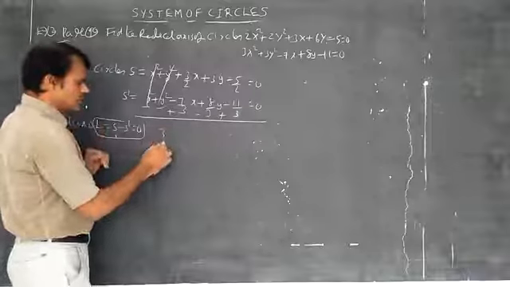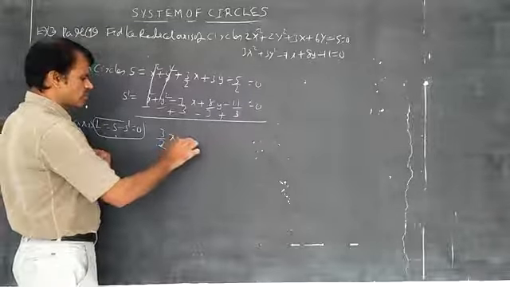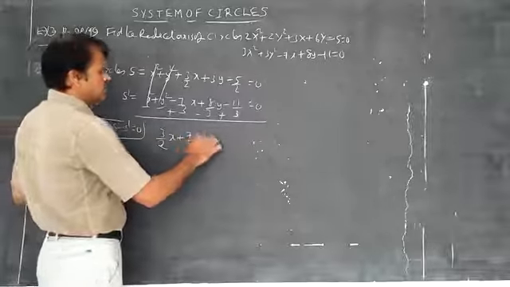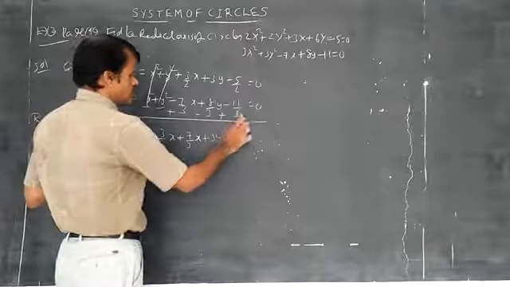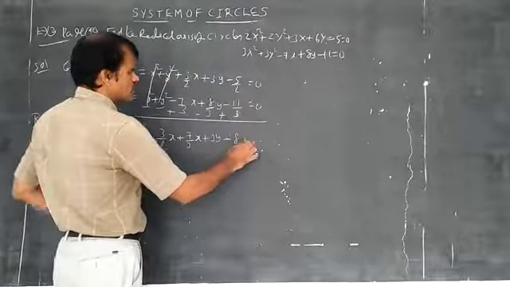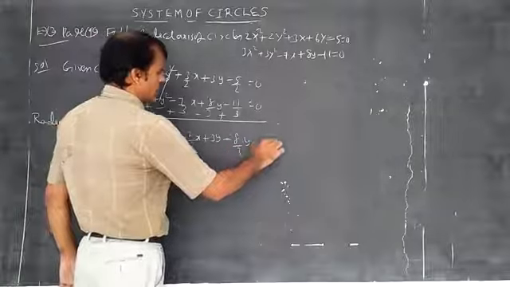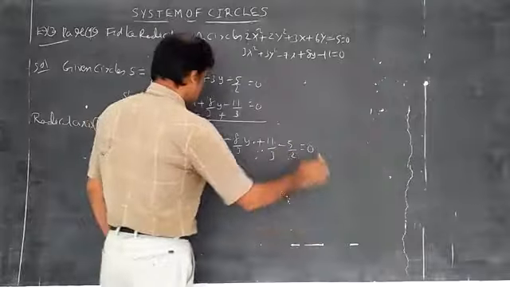We can write like this: 3 by 2x plus 7 by 3x, plus 3 by 2y minus 8 by 3y, plus 11 by 3 minus 5 by 2 equal to 0.